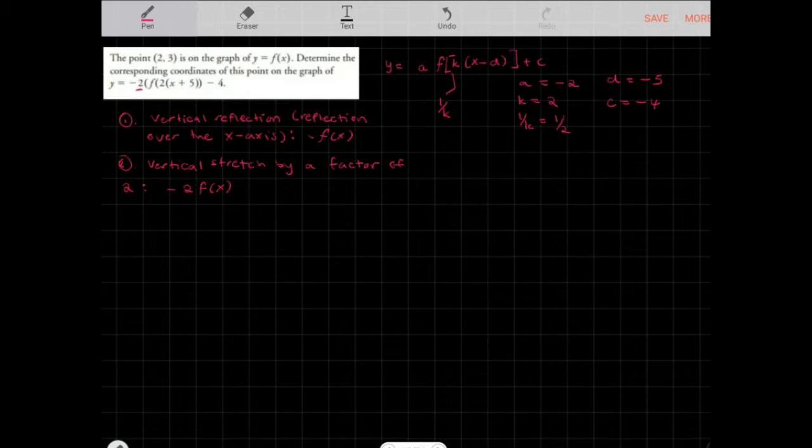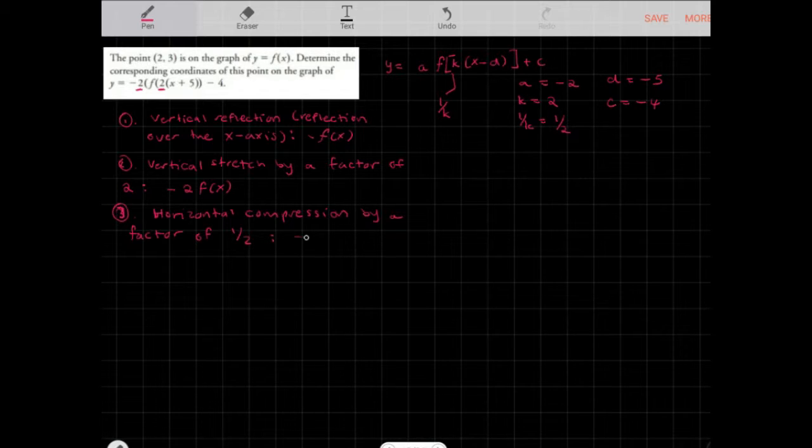So we're slowly piecing together this transformed function from our general function. Now the third transformation, okay, in our third transformation we have this k value, and we know that it is 1 over k, so this implies that we have a horizontal compression by a factor of 1/2, right?